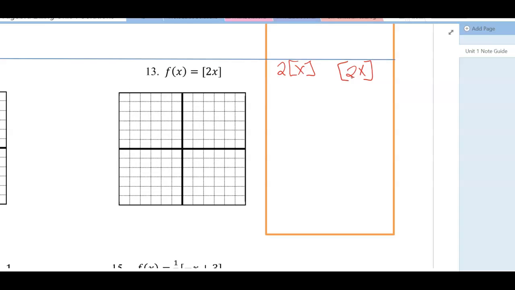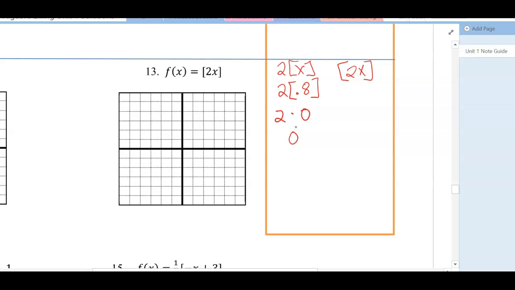Okay, let's say I plug in 0.8. In the first part here, 0.8 is going to be rounded before it's multiplied by 2. And what is 0.8 going to be rounded to with our greatest integer function? 0. So 0.8 gets rounded to 0, and 0 times 2 turns out to be 0.